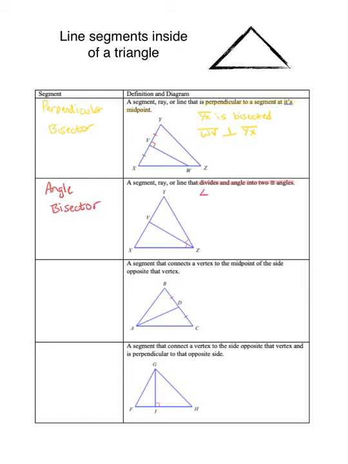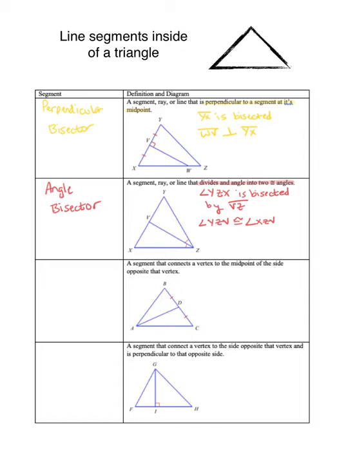Because angle YZX is bisected by VZ. Angle YZV is congruent to angle XZV. See the congruency markers? It is bisected, cut in half. So we call it what it is. No fancy words.